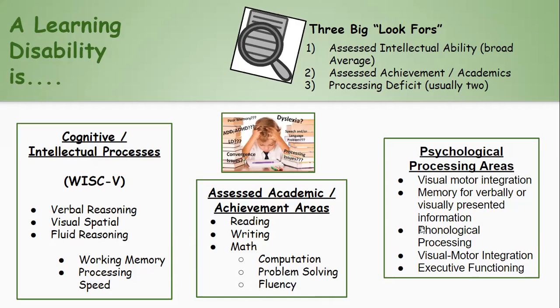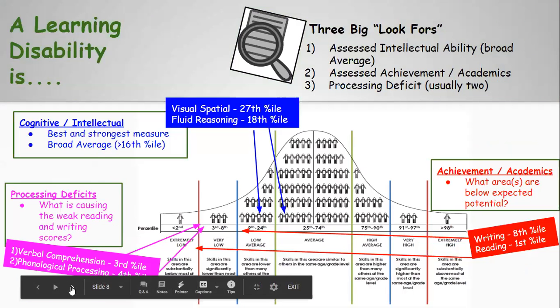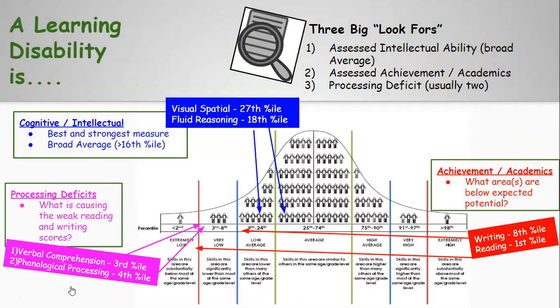And here's just a few examples. This by all means is not an exhaustive list, but examiners will generally look for two processing weaknesses that they can directly relate to the weakness academically. And in the next slide, I'm going to break this down a little bit more and look at it visually.